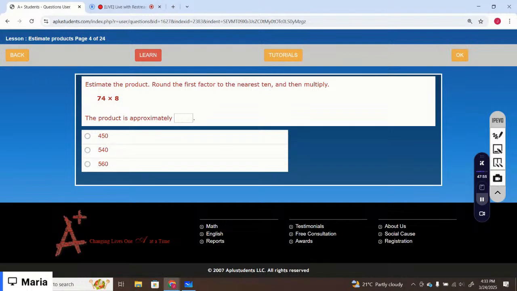Estimate the product. Round the first factor to the nearest 10 and then multiply. 74 times 8.